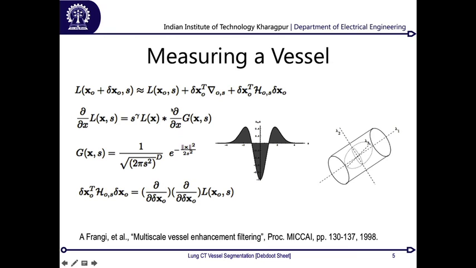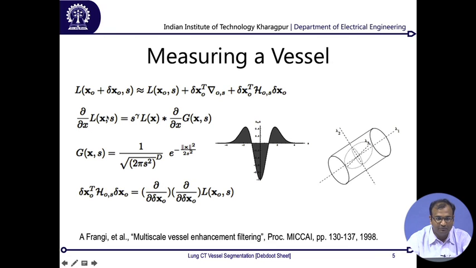Now from that, let us look into the first derivative of the image itself at a particular location. What I can express at a given scale is that I take this to the power of gamma, and then the derivative of this will basically be the scale factor to the power of gamma, where gamma is a particular constant factor which we are going to work out, multiplied by the image at the native scale, which is scale s equal to 0, convolved with a derivative of a Gaussian kernel.